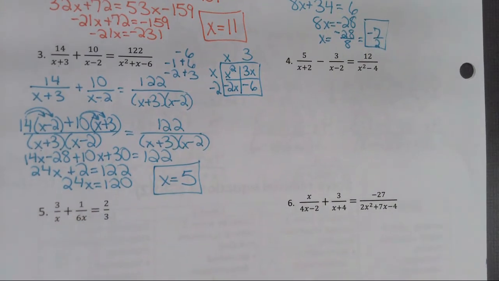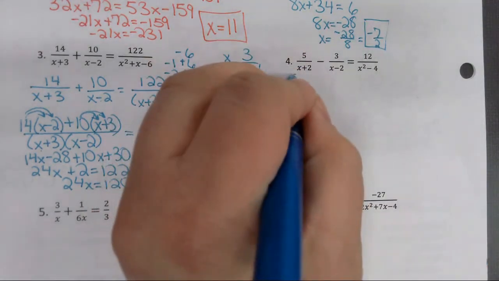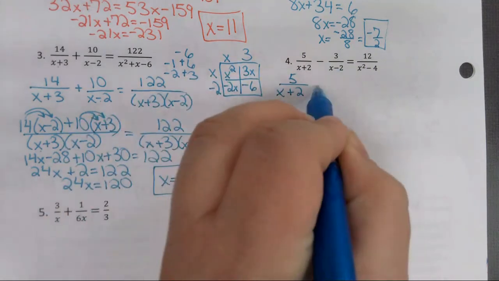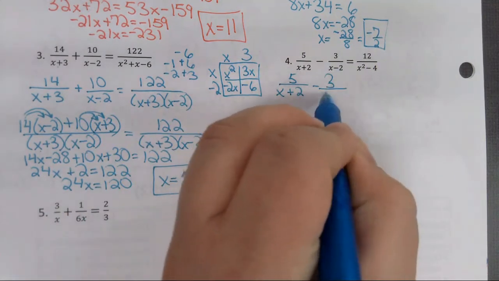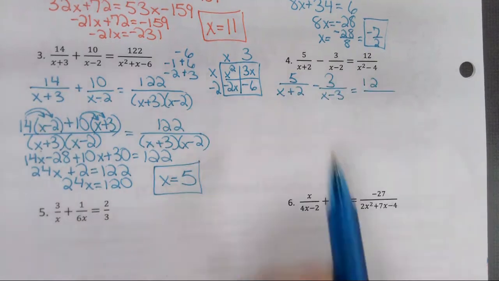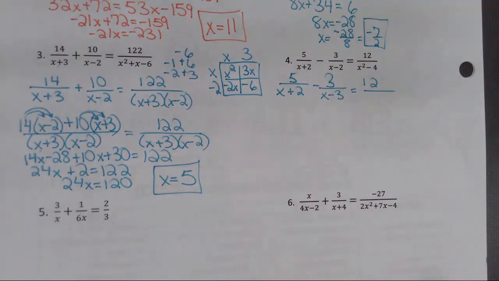Let's look at number 4. For number 4, we have to factor once more. So x plus 2 is already factored, x minus 2 is already factored, and our denominator on the right side of the equation already has 2 perfect squares with a minus in the middle.